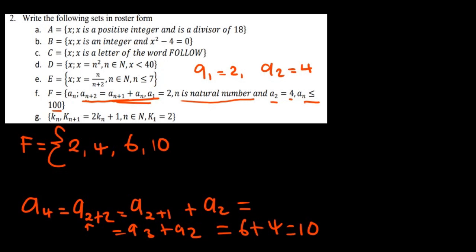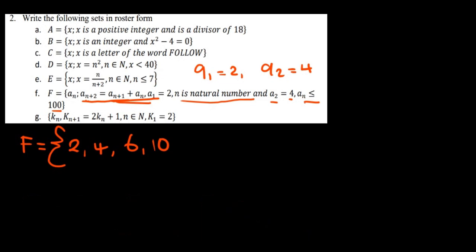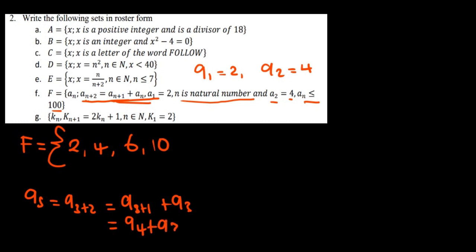Let us find A5 by using the same procedure. A5 will be equals to, remember to divide this into a certain number plus 2. So that will be A3 plus 2, which will be equals to A3 plus 1 plus A3. So this here will just be A4 plus A3. Our A4 was 10 plus our A3, which is 6.